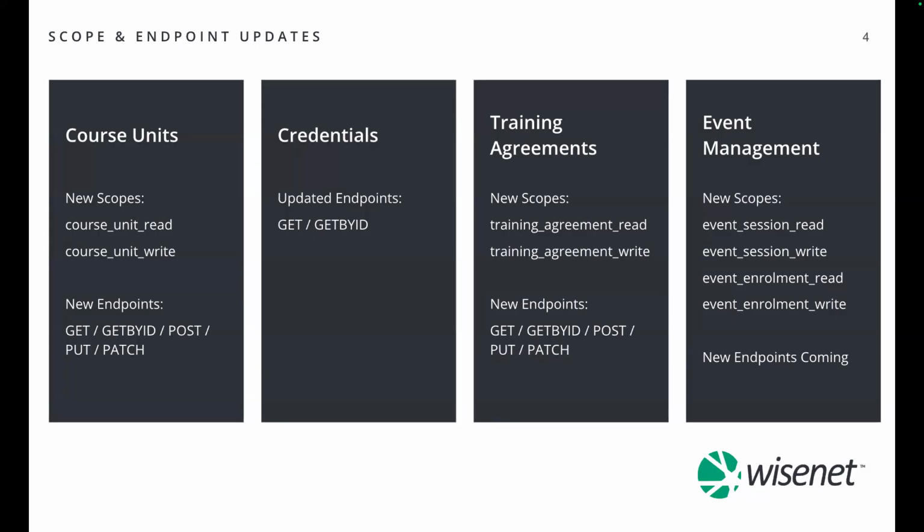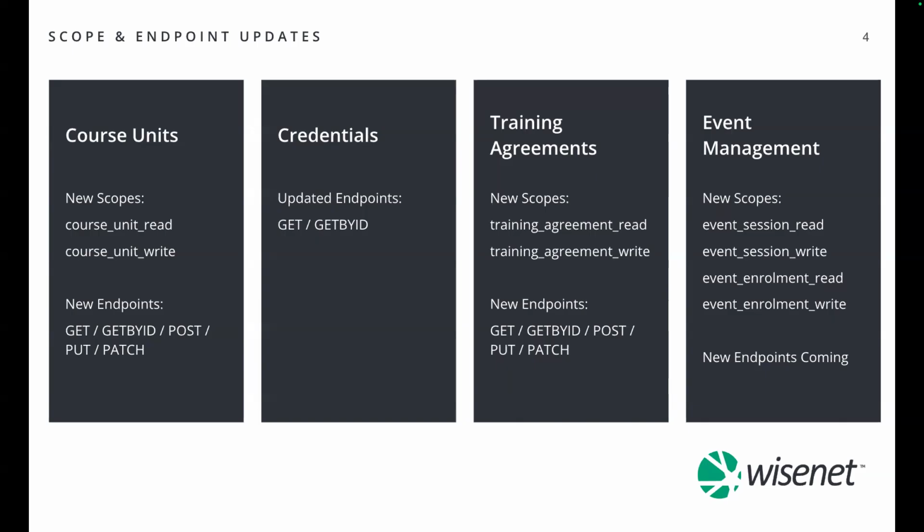In the last week or so, we also released three new entity types into the wild. First one was training agreements. Now, training agreements are in beta at the moment, but the endpoints and scopes are available if you want to use them and be part of the beta as well.